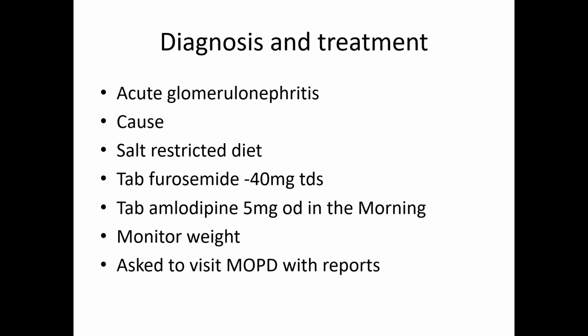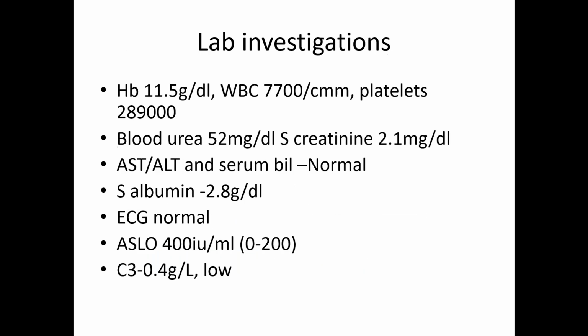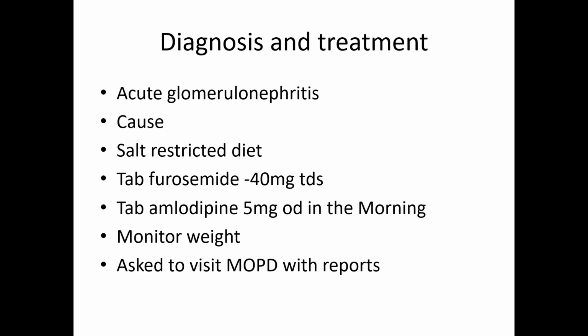That was the report, which I didn't enter here. So this patient has a nephritic illness. She was advised to have a salt-restricted diet, starting on furosemide, a loop diuretic, along with amlodipine.